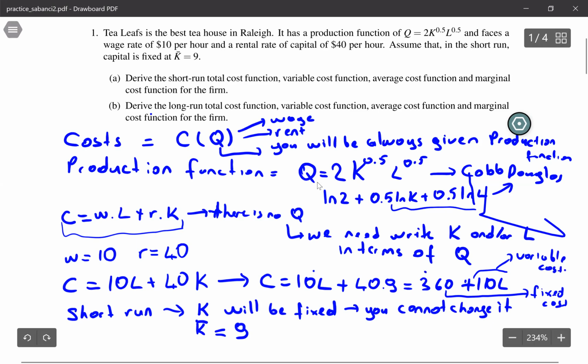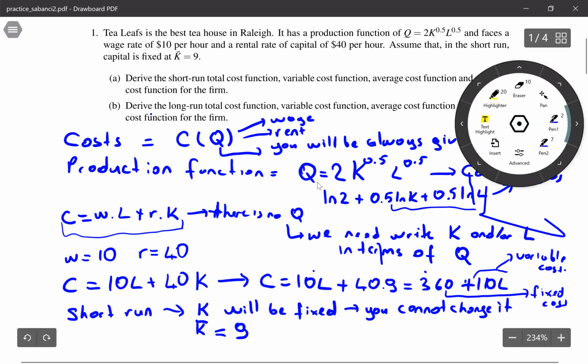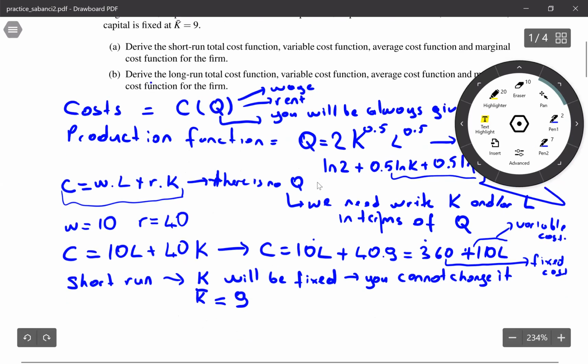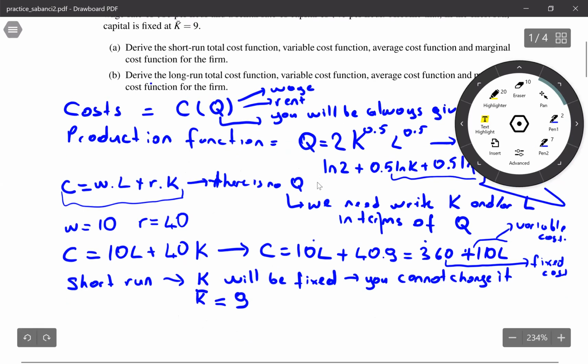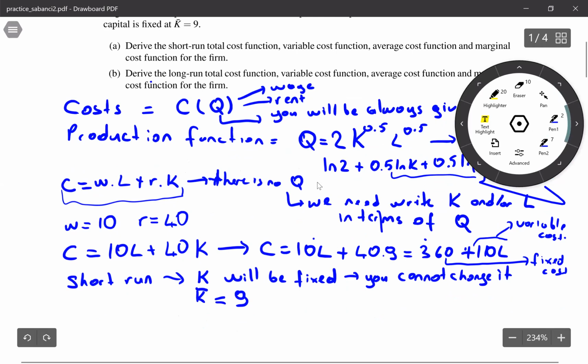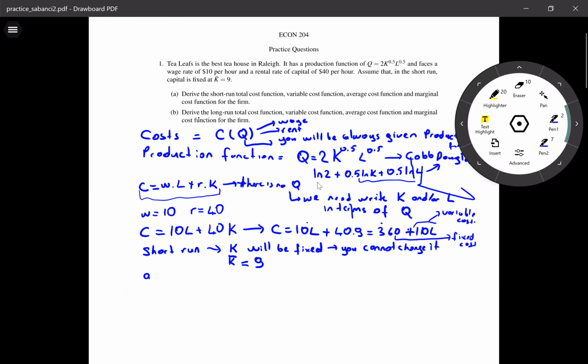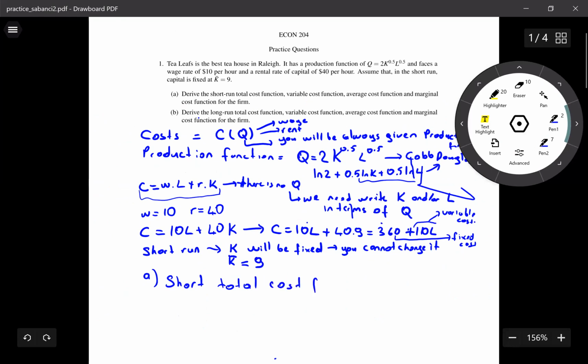Okay, so let's continue. In part A, it asked me to write the short run total cost function, the variable cost function, average cost function, and marginal cost function for the firm.